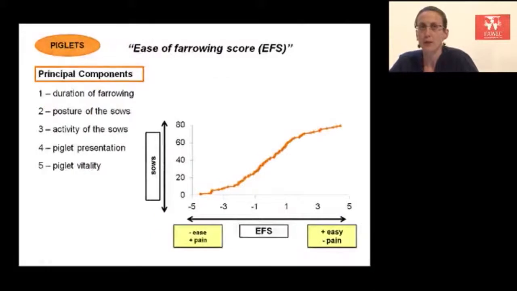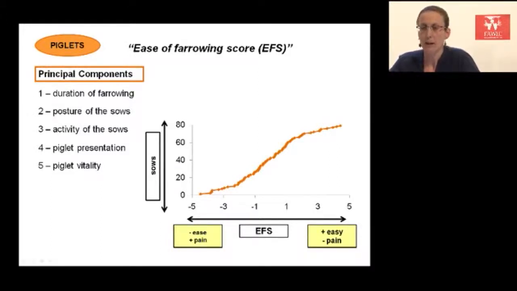And finally, in order to finish this part of the assessment, I would like to share a study that we performed in our department. Here we obtained a pain scale in sows after farrowing. In this scale, we performed principal component analysis, and we obtained different indicators that may indicate more painful parturitions.